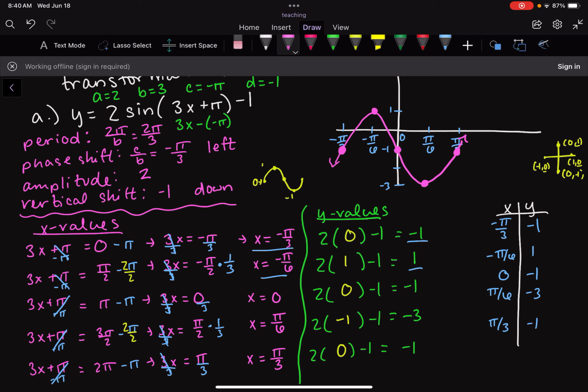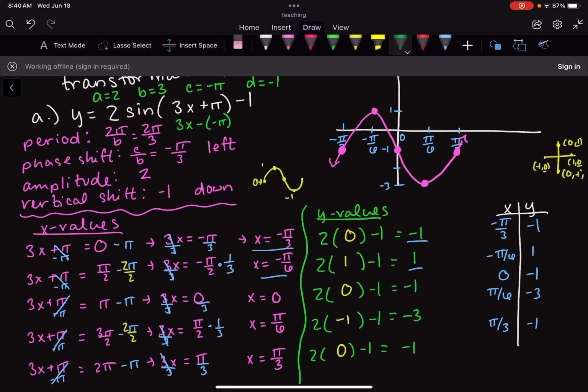So let's say that you don't know how to do anything, like maybe you can get the transformations, but you don't know how to do the x's, you don't know how to do the y's. At least show me that you know what the wave looks like, and I can maybe give you a point or something for that. But all of it really is supposed to work together. So I think it's great to have an understanding of the transformations and knowing how to solve the points. So I want to talk a little bit about that.